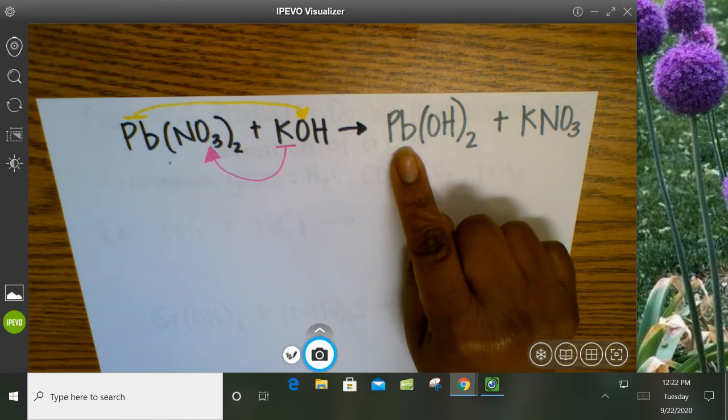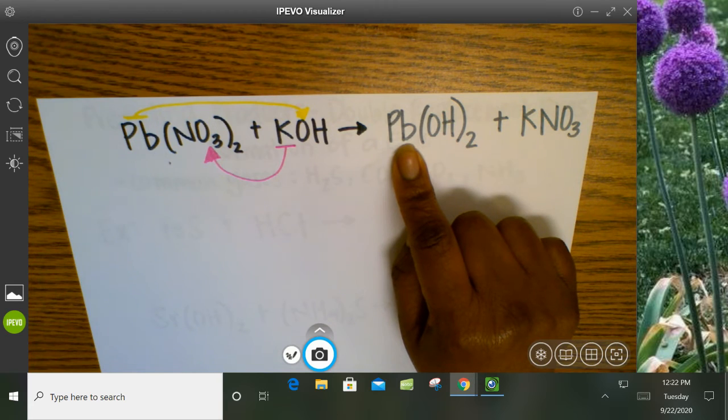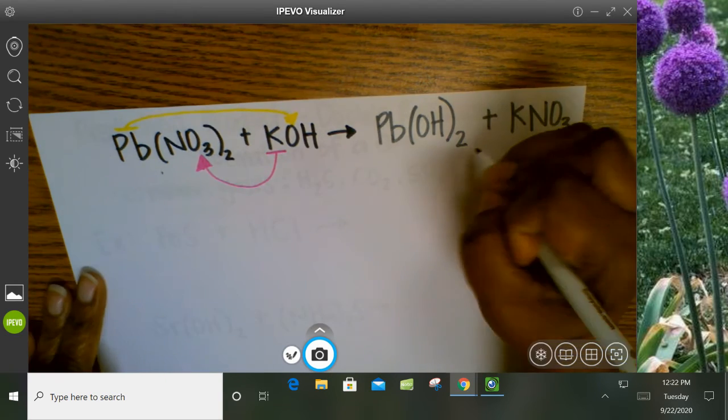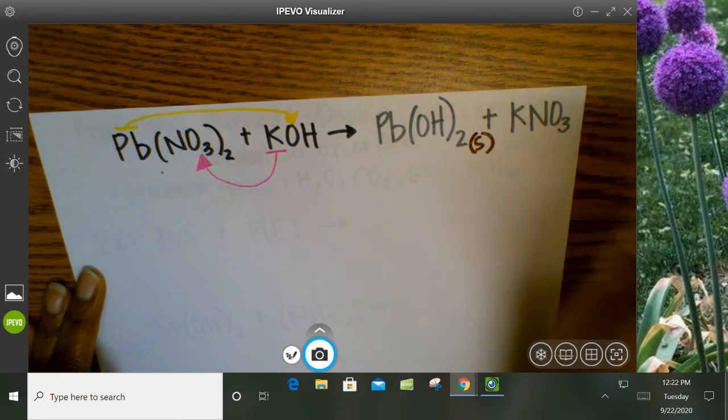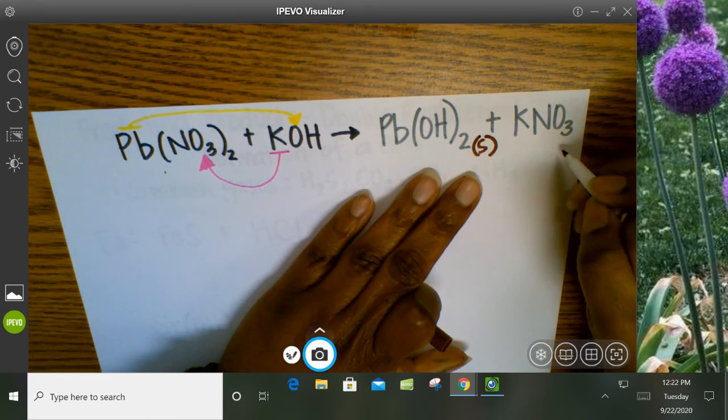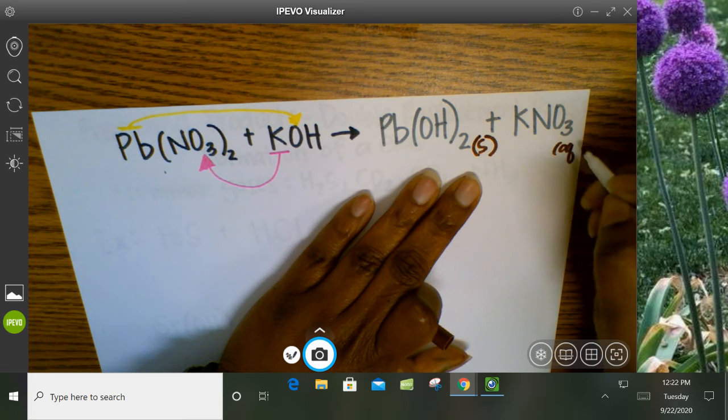When I look at this, Pb is not ammonium. It's not in groups 1A or 2A, so this is a solid. And then NO3 is number 3 on our solubility rules list. And see, chlorates, nitrates, and acetates are soluble, so that is AQ.